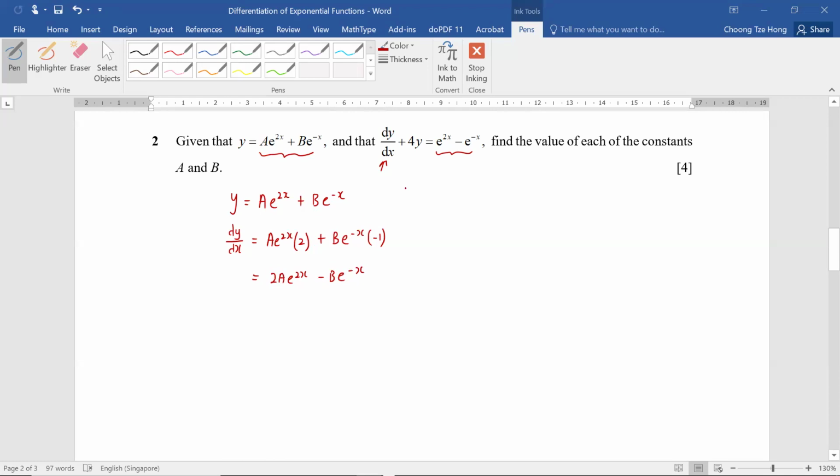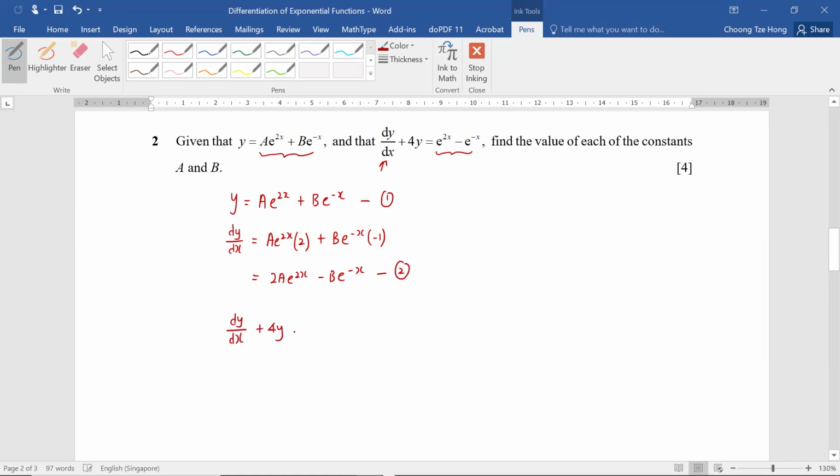So this is the expression for dy/dx. Let's form some equations. Let's call this equation 1, and the expression for dy/dx equation 2. And this equation that they give us, the one that involves dy/dx plus 4y, let's call it equation 3.